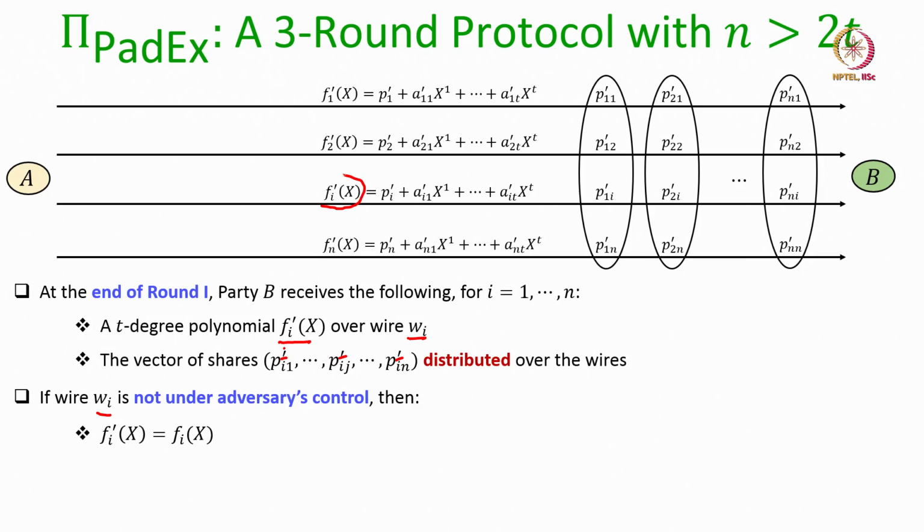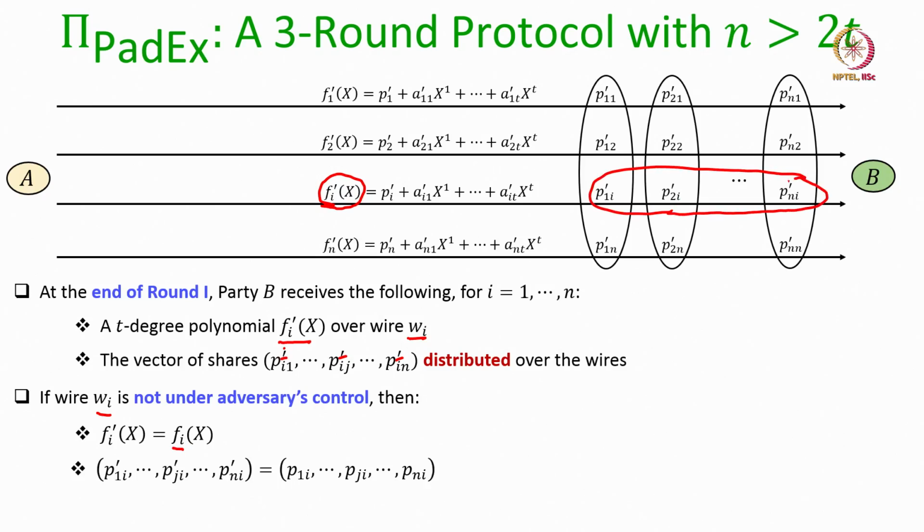That means, if the ith channel is not under the adversary's control, then this polynomial f I prime of x will be the same as the sender's polynomial f I of x, and the ith component of all the vectors of shares will be the same as sent by the sender.